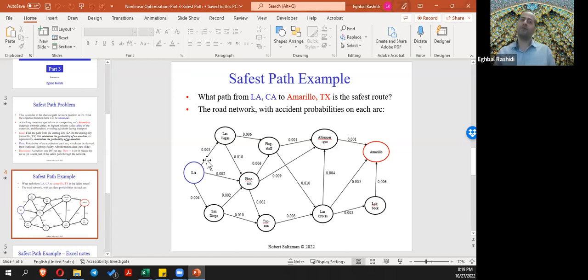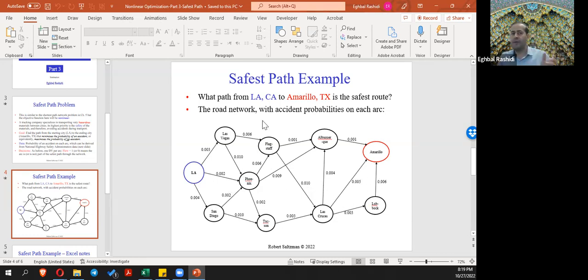So for example, from LA to Las Vegas there is a 0.0003, or actually 0.03%, probability that you're going to get into an accident. For LA to Phoenix, that's 0.02, and for San Diego it's 0.004. So between these 3, it looks like LA to Phoenix is better, and so on and so forth.